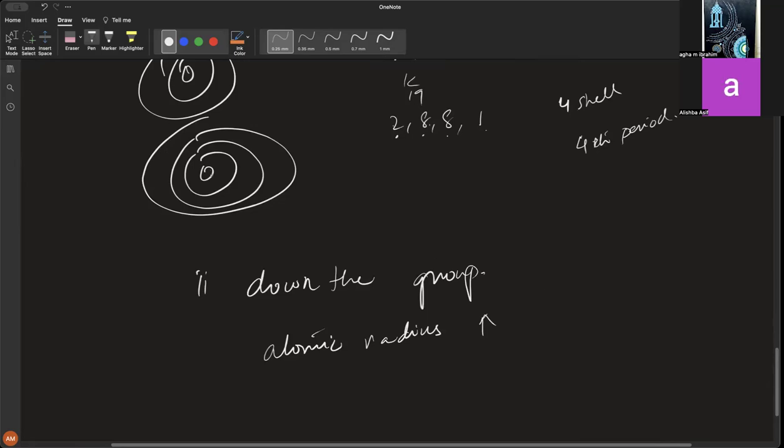What is atomic radius? It's the distance from the nucleus to the last shell. So as the number of shells is increasing, the atomic radius will increase, right? Yes or no?